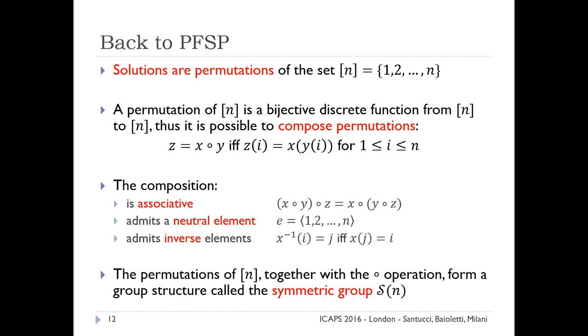Okay, but we're back again to the permutation Flowshop. We know that the solutions are permutations, and we know also that the permutations form a group, the symmetric group, with the usual permutation composition operation. So you can compose two permutations. They are simply discrete bijective functions.